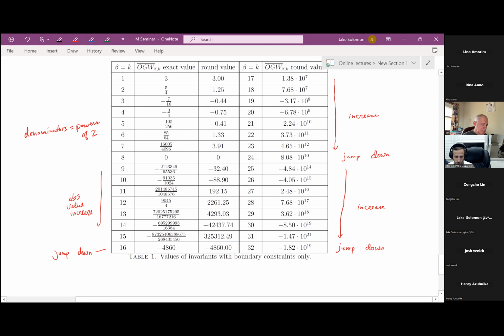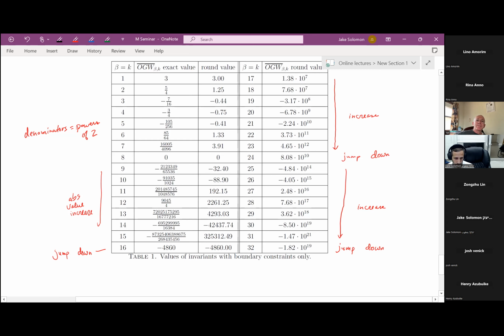So this kind of periodicity, I asked Rahul Pandharipande if he saw this kind of thing in a complex case. Haven't heard. I would be glad to hear if there are other examples where this happens.